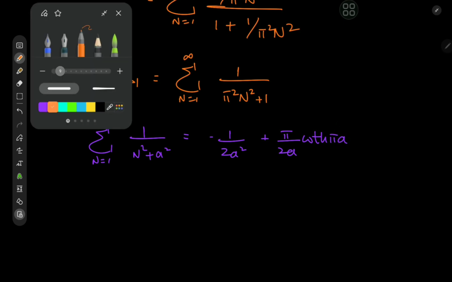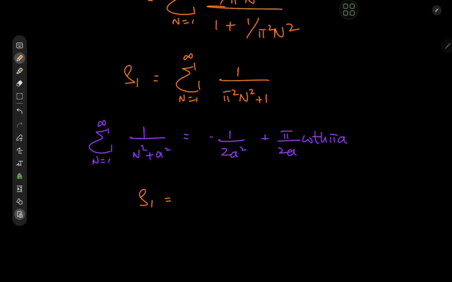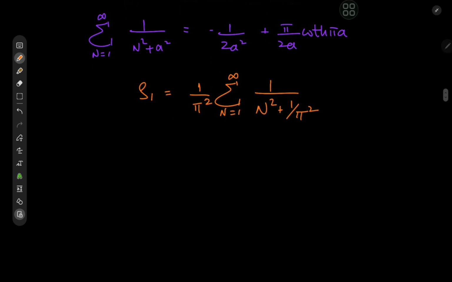So we'll modify the look of our infinite series just a little bit. We can factor out the pi squared term, which gives us 1 by pi squared outside times the sum over n of 1 by n squared plus 1 by pi squared, meaning that the value of a in this case is 1 over pi.